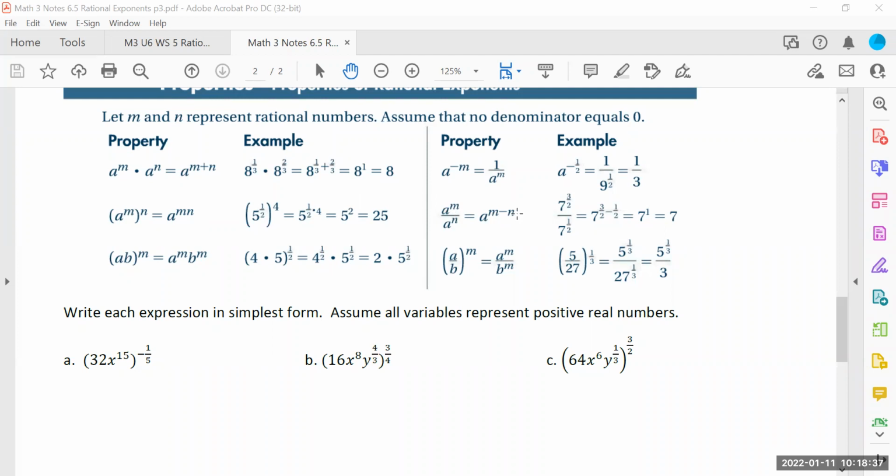And for those of you that don't like all the variables, you've got ones with numbers in them as an example, if you like seeing the numbers. It's the same thing. It doesn't have to be the 30. It could be any number in there. And if I raise a fraction to a power, the top gets that power and so does the bottom.